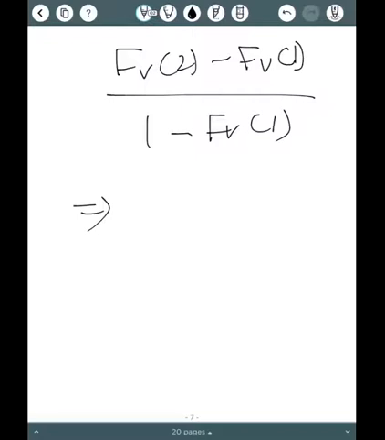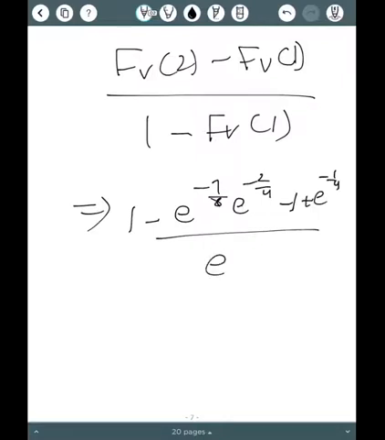So one more thing to note here is that it will be because 1 और 2 के बीच में होगा. आपको पता है कि 1 और 2 के जब बीच में होता है तो आपका जो पीडीएफ होगा वो आपका हो जाएगा 1 माइनस e to the minus 7 over 8, e to the minus 2 over 4, राइट, माइनस 1 प्लस e to the minus 1 over 4 divided by e to the minus 1 over 4.